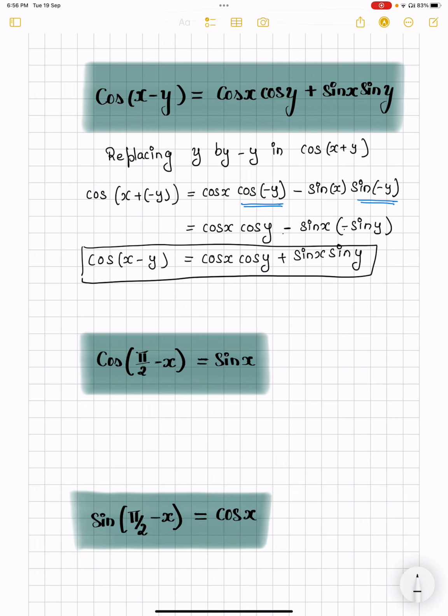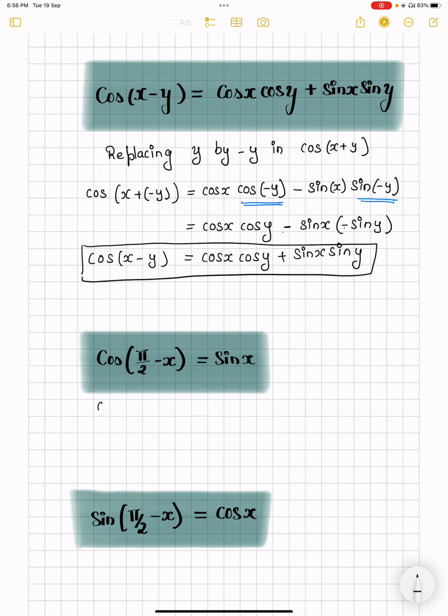Here, cos of pi by 2 minus x is equal to, expanding as per the formula which I proved just now, cos pi by 2 cos x plus sine pi by 2 sine x. Now, what is the value of cos pi by 2, and what is the value of sine pi by 2?